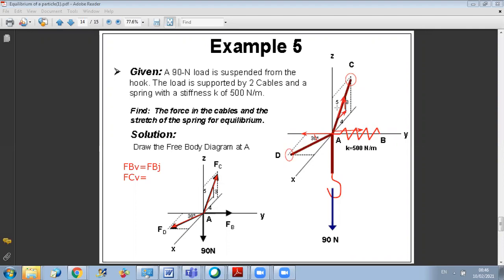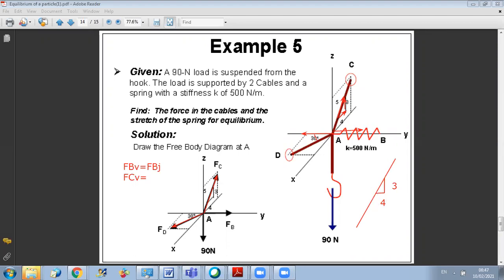So I will draw it for you like here. I will do the projection. So if I have the projection, this is, let's say 3, it's not to scale, okay? So this is 3, this is 4, and this is 5, okay?